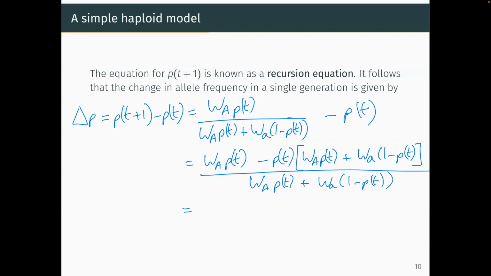So that means that we can bring these absolute fitnesses out the front. We have W sub capital A minus W sub little a up front. Remember, both of those are going to be multiplied by a linear P of T. Linear one here, and we have this linear one out the front.